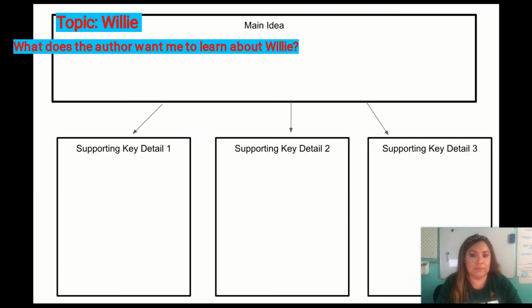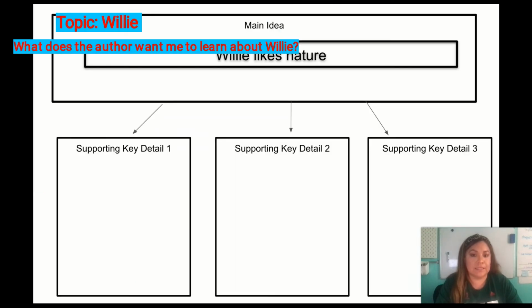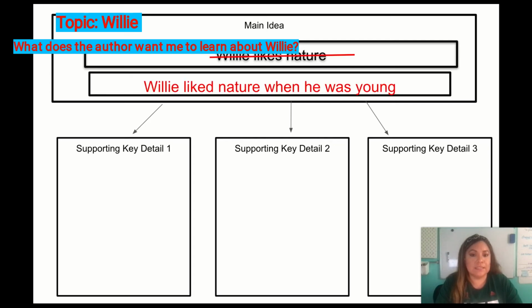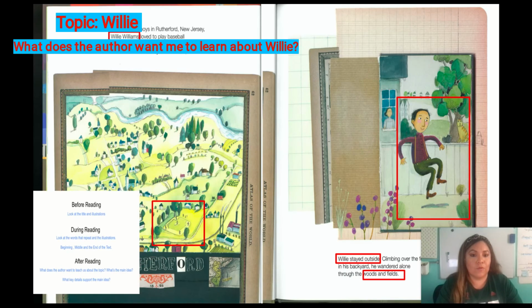So I came up with the main idea of Willie likes nature. But I wanted to add on some more details about it. So my main idea is Willie liked nature when he was young. So Willie liked to be outside when he was young. That's what the author wants me to learn from these 2 pages.